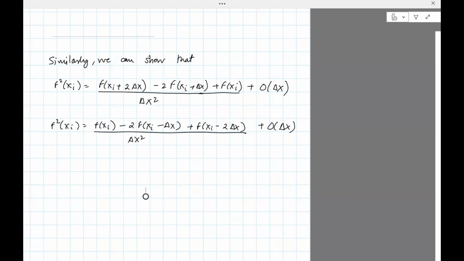Now these formulas are known as the 3-point forward second derivative approximation and the 3-point backward second derivative approximation. The first one is the forward difference. The second one is the backward difference.